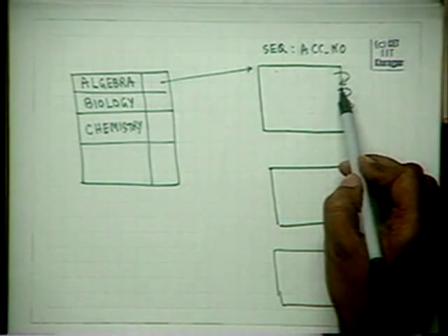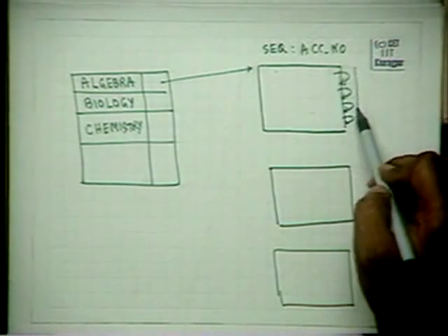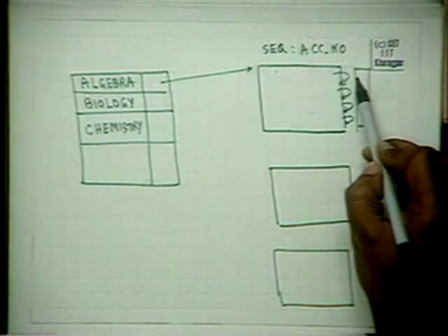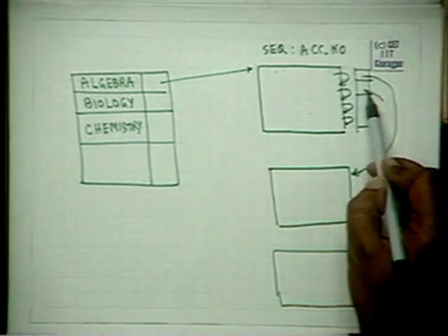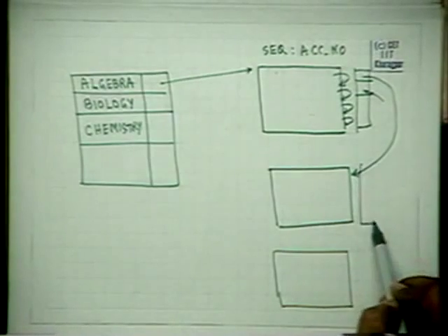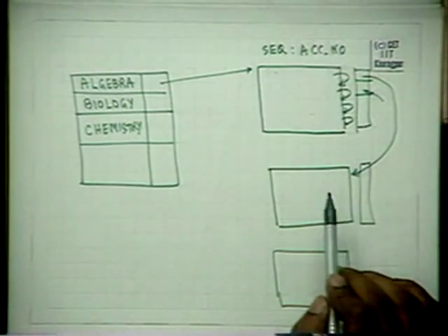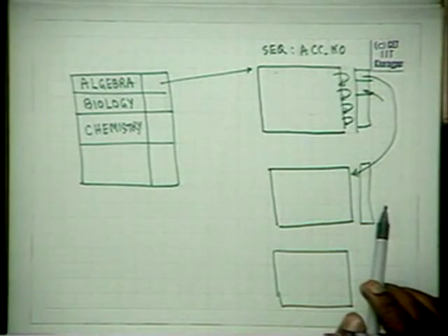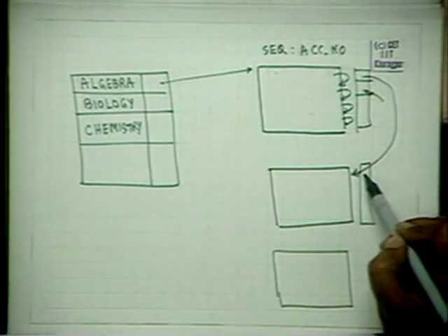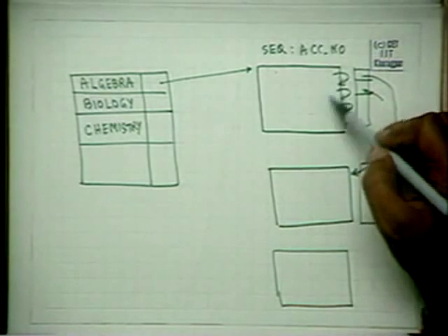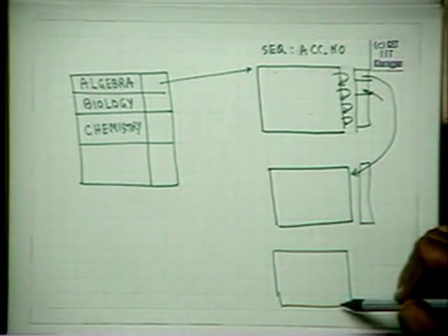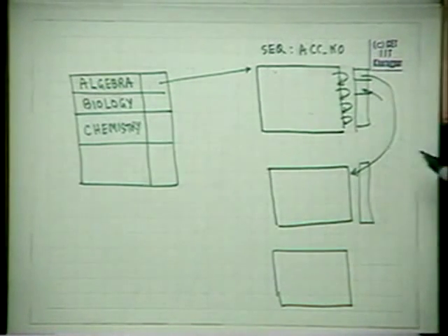So I can have another set of pointers which point to the next one here, and then this one. That is, I may have a sequential file organized according to one key and an additional list of pointers according to another key.